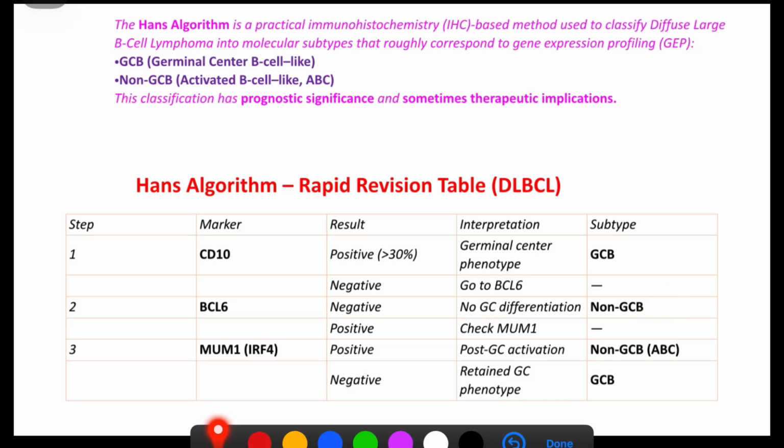Now suppose it is positive, then go for MUM1. If MUM1 is positive, which shows post-GC activation, it suggests non-GCB or ABC subtype. And if MUM1 is negative, that means it retains the GC phenotype, and this is the germinal center B cell like subtype. So this is how the Hans algorithm is used for DLBCL.